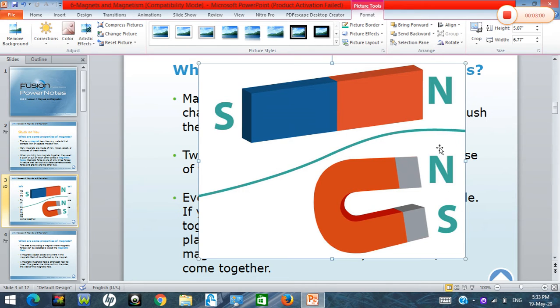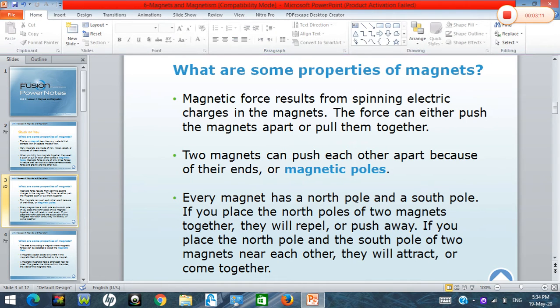So any magnet consists of two poles, north and south.